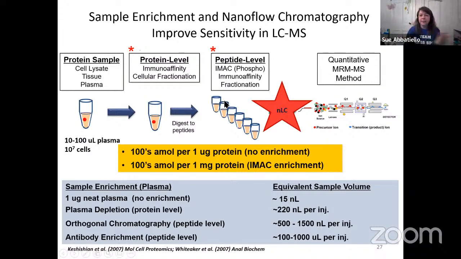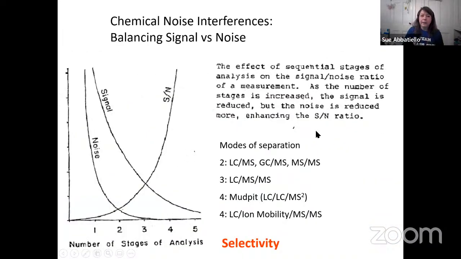So this is the effect that the different levels of fractionation have, and understanding where you need to go will help drive that. Also, the more separation processes you put your sample through, usually the better signal to noise you have. And this is due to a relationship of, with every mode or stage of analysis or stage of separation, like LC-MS, GC-MS, so you're just separating and then analyzing, or MS/MS, fragmenting and looking at those data.